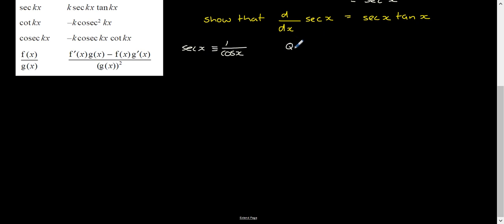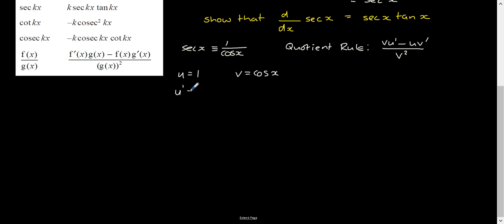We're going to use our quotient rule, which again I'll write out. It's always good to write out the quotient rule every time you use it. So v du minus u dv divided by v squared.